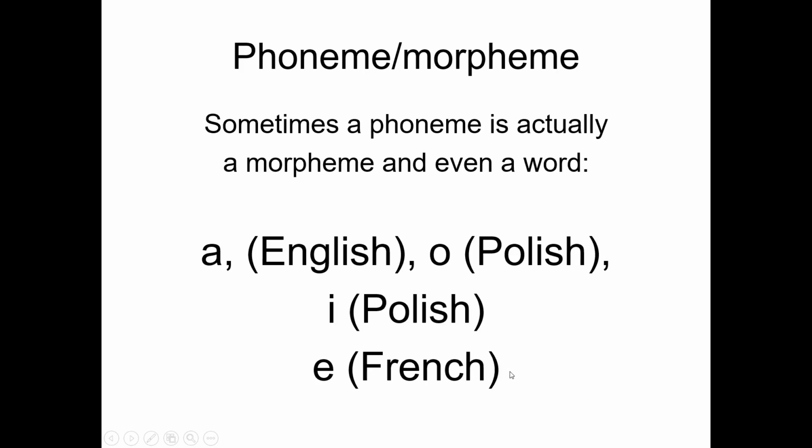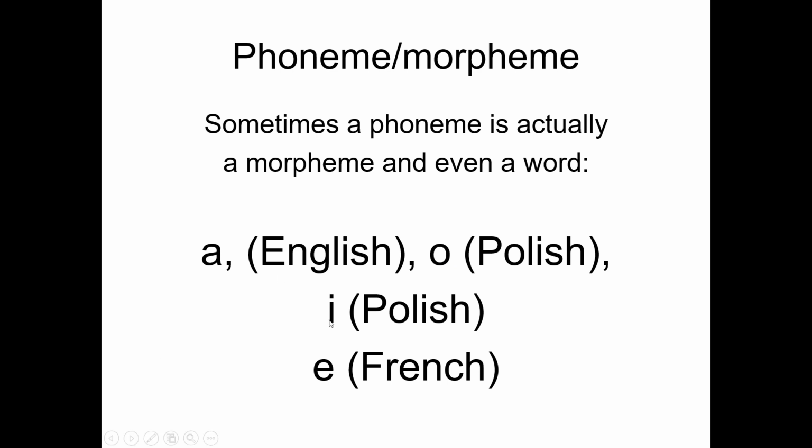Okay, now we are going to have a look at some examples of a phoneme which is at the same time a morpheme, because you know that a phoneme is a sound and a morpheme is a unit which carries meaning in the language. So if you have the phoneme e, or in Polish o, which is a preposition, right?